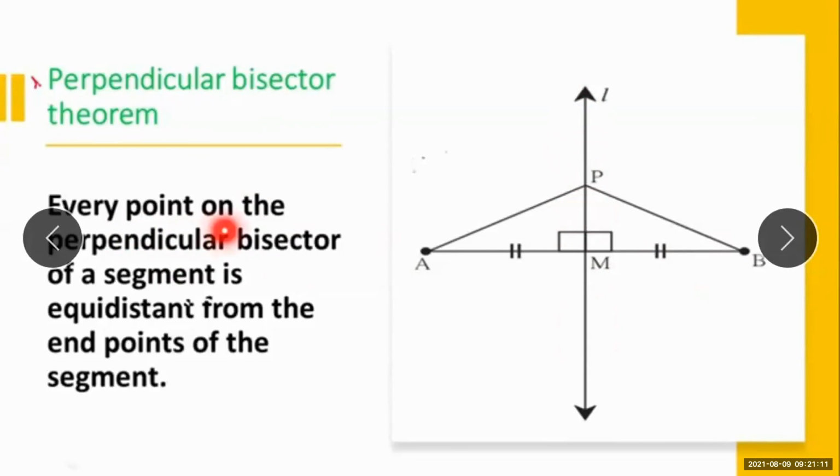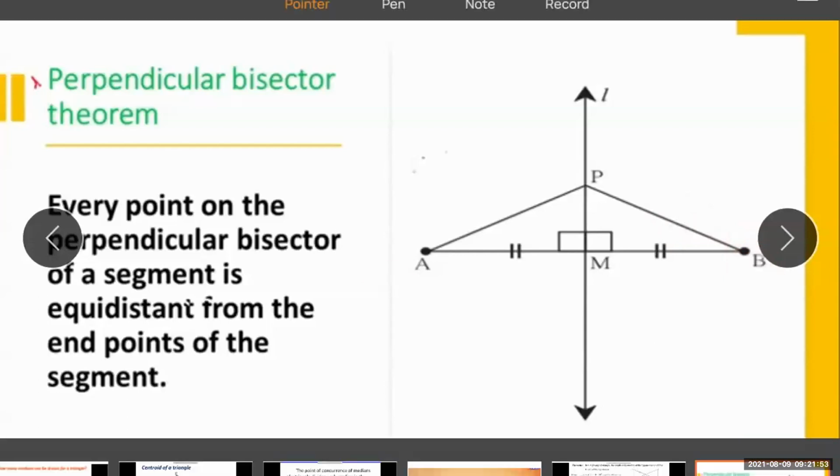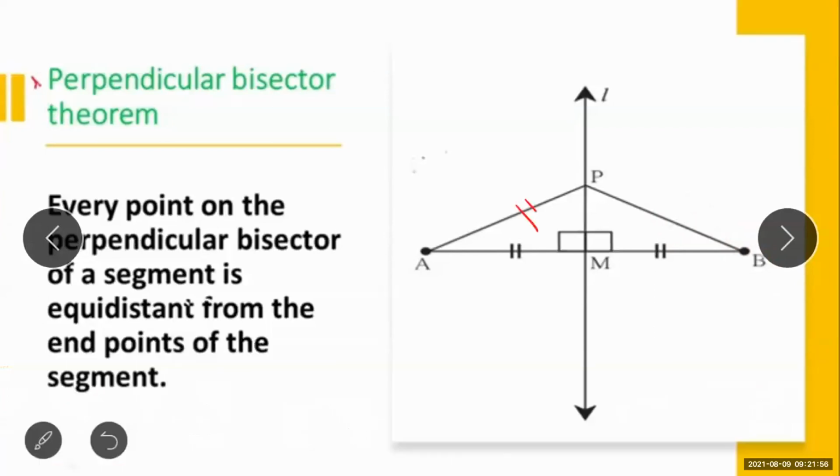Every point on the perpendicular bisector of a segment, here I have taken one point, point P, is at equal distance from the endpoints A and B. That means these two segments are congruent because they are equidistant.